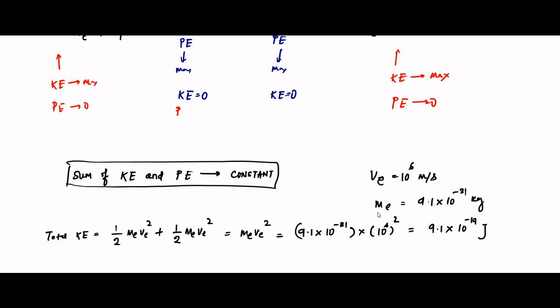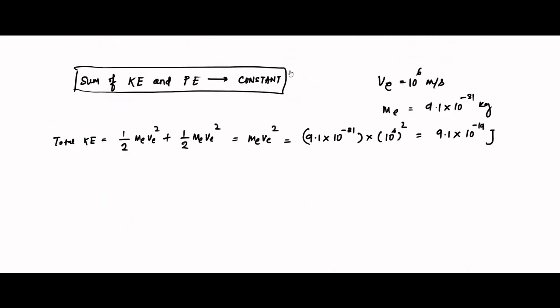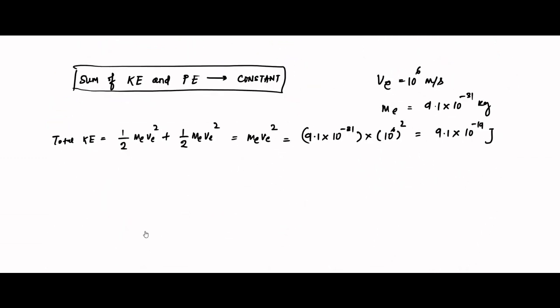This is the total kinetic energy of the two charge system at the beginning, just after the point of release where the velocity is maximum.